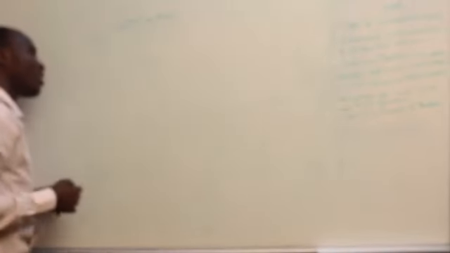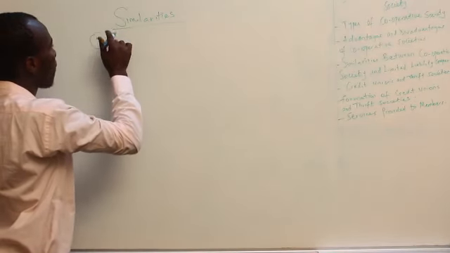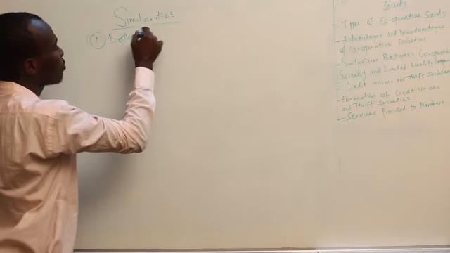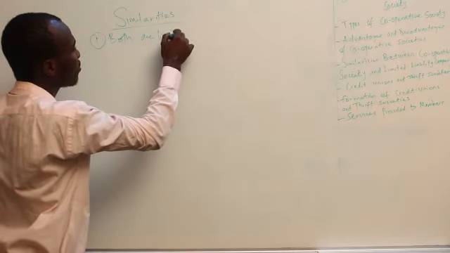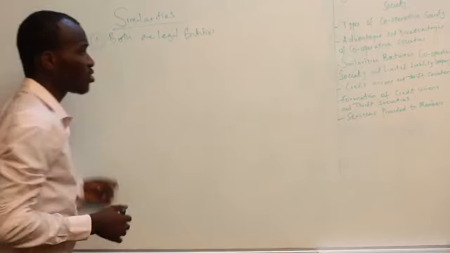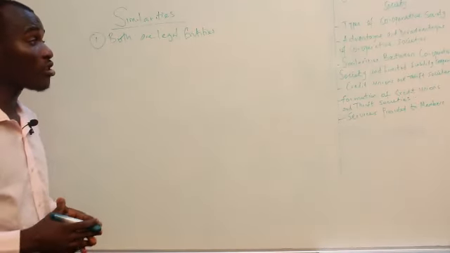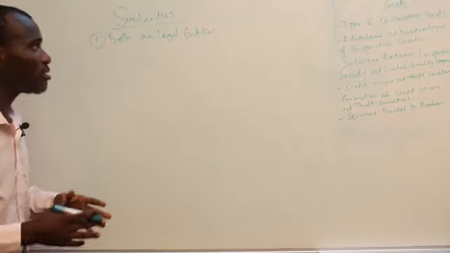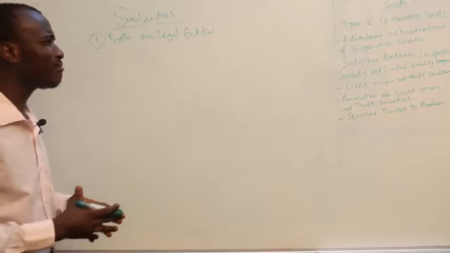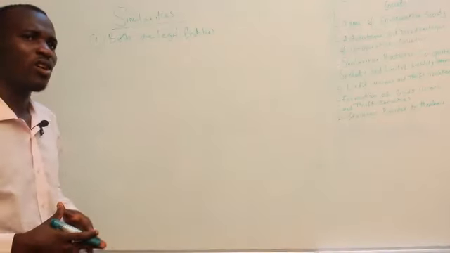Number one is that both companies are legal entities. The cooperative society serves as an entity of its own, and the limited liability company also serves as an entity on its own, a legal entity on its own.